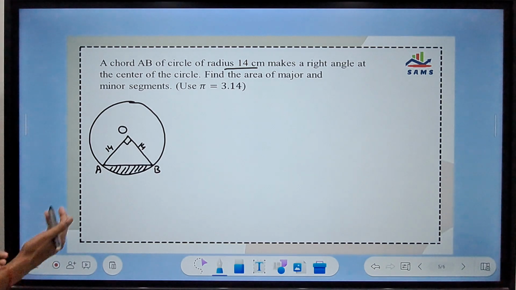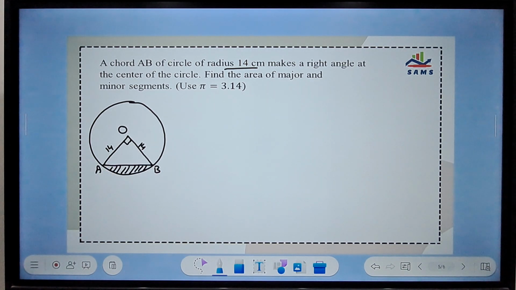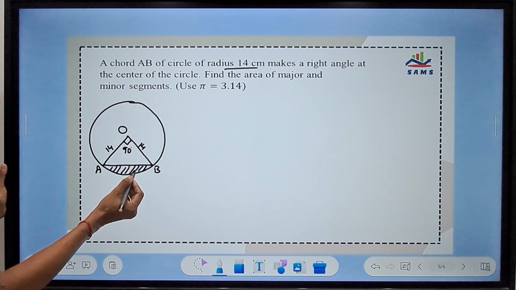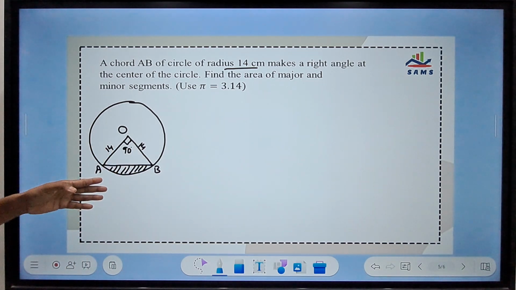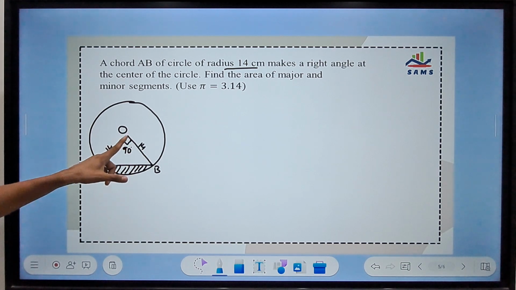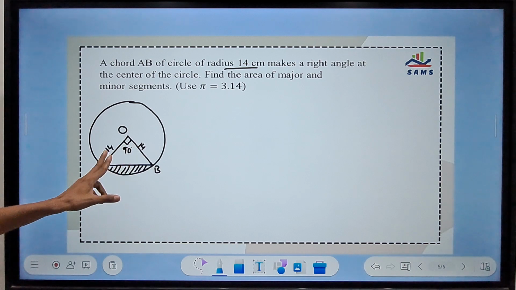So how to find the area of the minor segment first, that is important. So the central angle is 90 degree. So how do you find this minor segment? Now in this case it will be very easy because you have a right angle triangle in the middle here. So area of a right angle triangle is half into base into height.